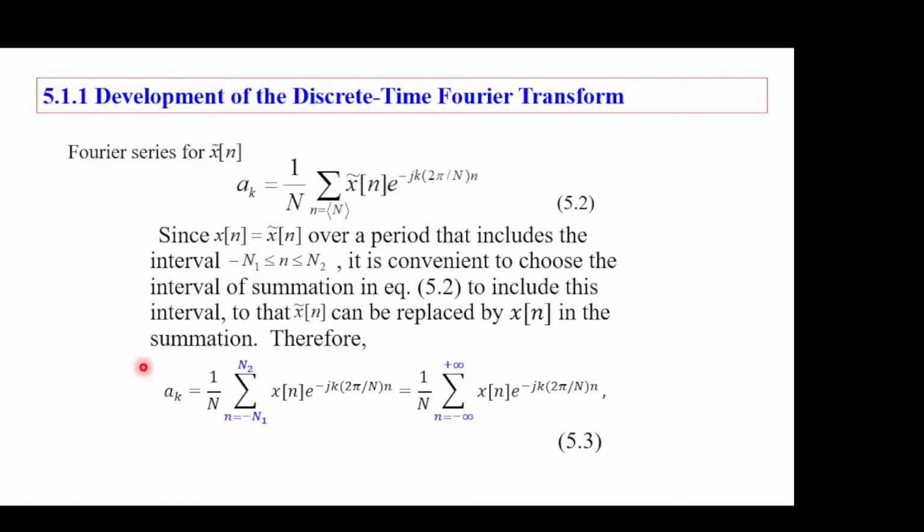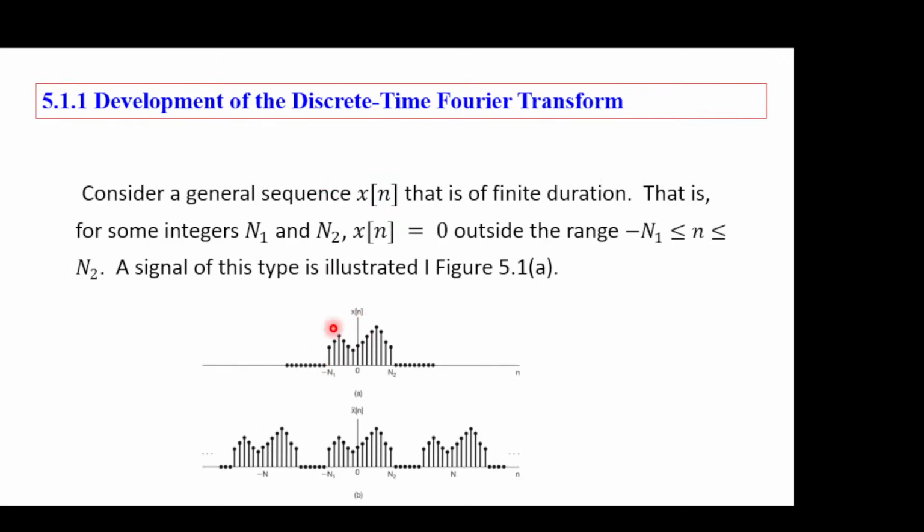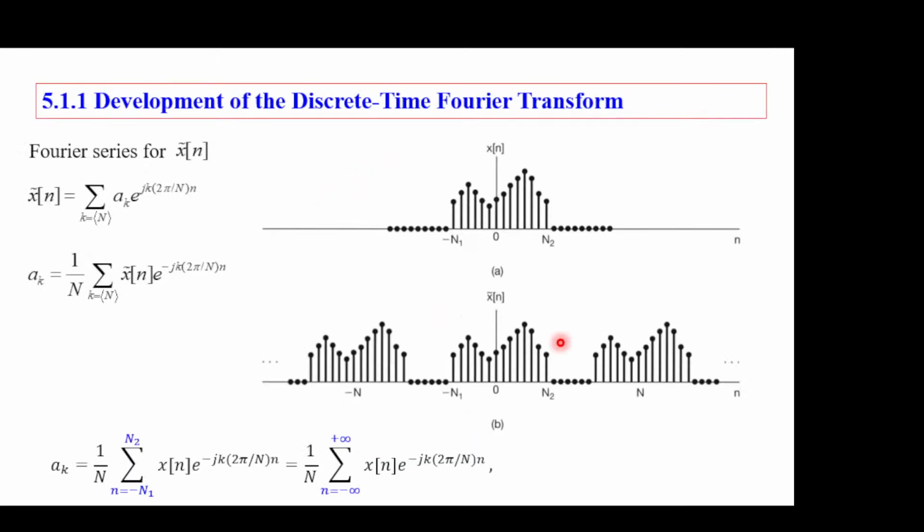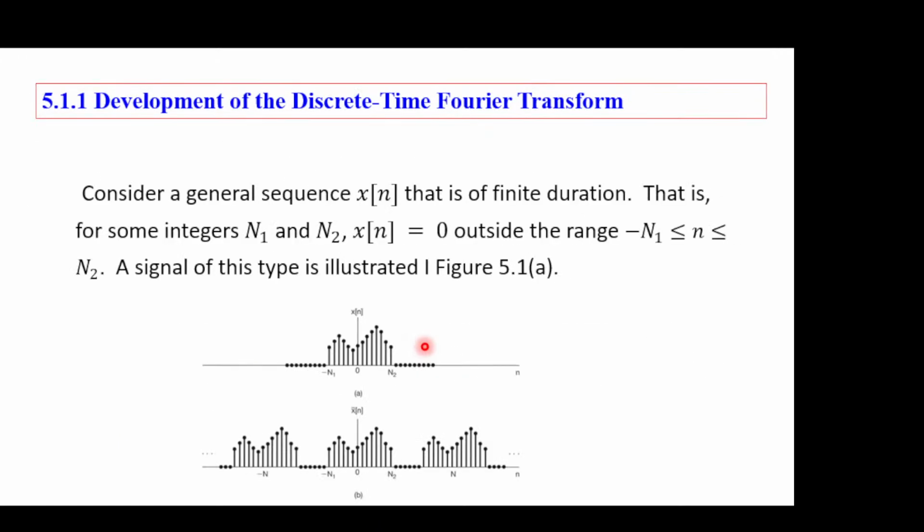Then just like before, we do a similar operation to change the summation of x tilde back to the summation of x of n. So the idea is this is the summation of x tilde over one period times your complex exponential.